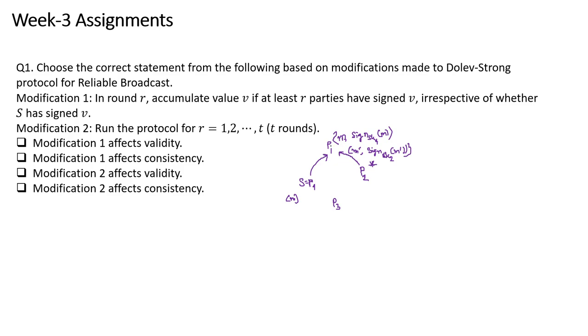M has one signature on it, and M dash also has one signature on it. So P1 will have both M and M dash added to its accumulator list.